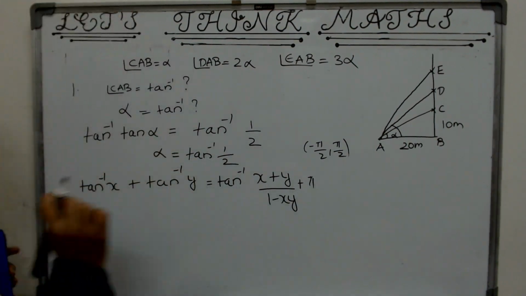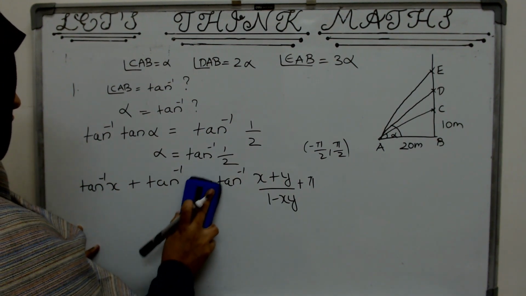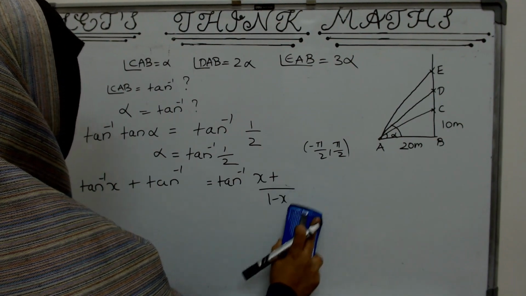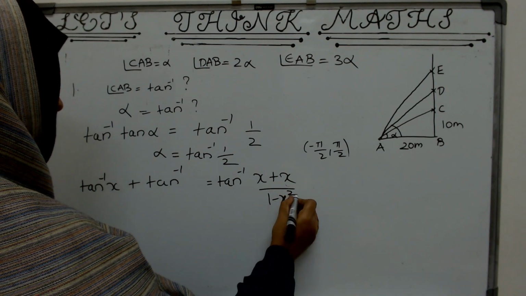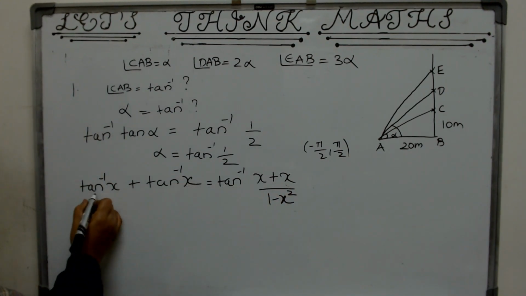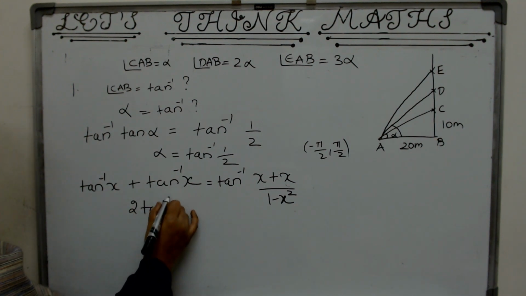And a certain condition, what if x and y are equal? So wherever you have y, you put x. x plus x, and x into x is x square. So what will this become? This will become tan inverse of x plus tan inverse of x will be 2 tan inverse of x.